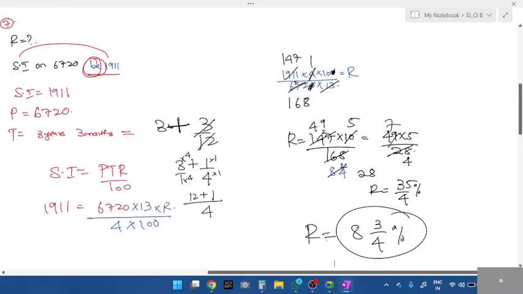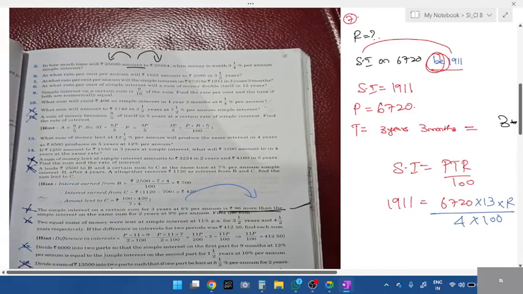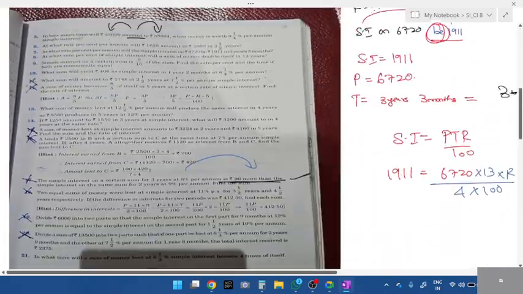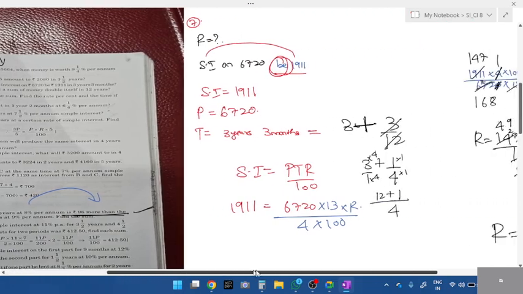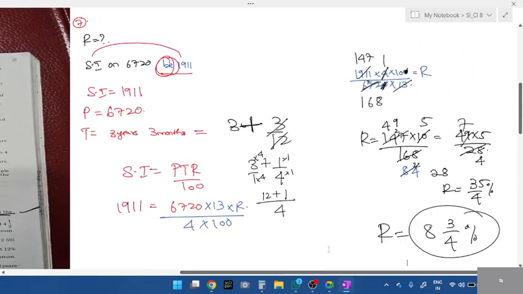This is the 7th question, Exercise 8A, the 7th one. Correct? Okay, 8 3 by 4 percent.